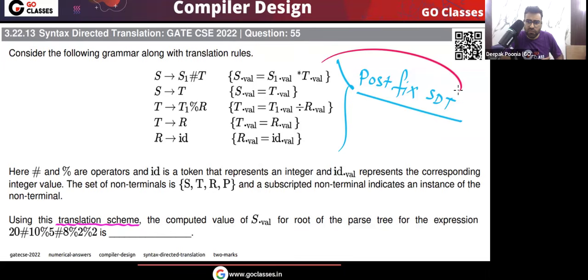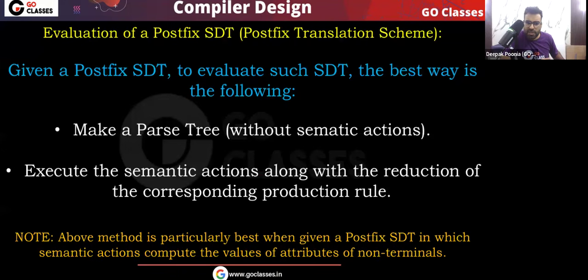And whenever postfix SDT is given to you, how to evaluate this postfix SDT? What is the method? The method we have already seen. Given a postfix SDT, what is the method to evaluate it? Very simple. First, we will make a parse tree without semantic actions. Then we are going to perform a left to right, depth first traversal.